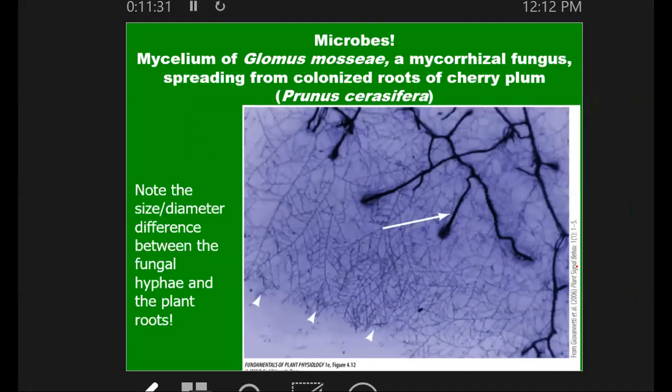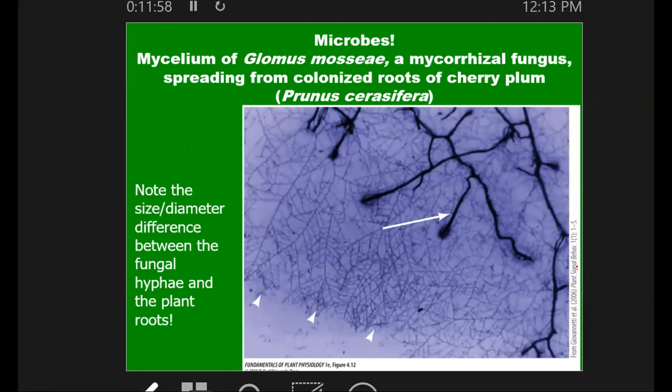We already talked about mycorrhizal fungi. They are huge for helping the plant get access to these minerals because fungi have all kinds of cool enzymes and they secrete all kinds of chemicals that can help get the minerals attached to the soil off of the soil particles and into the plant.